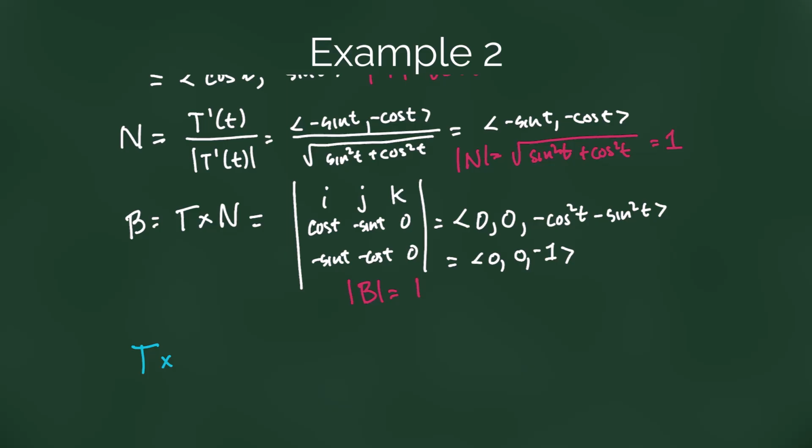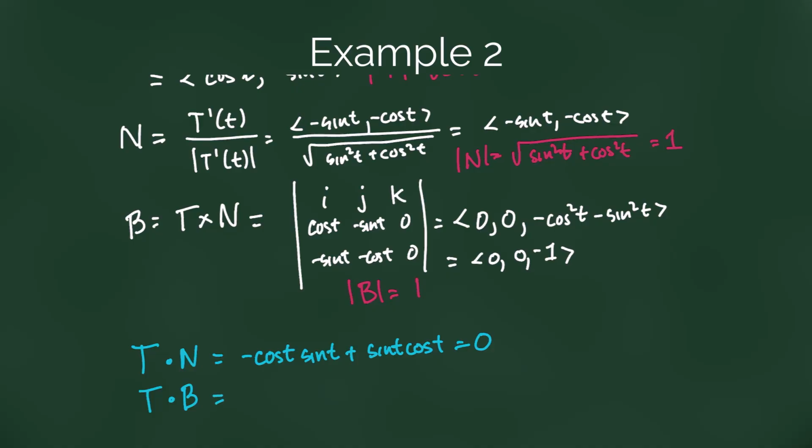Now we're going to do our mutual orthogonality. So first I'm going to do T, not T cross, but T dot N. I'm doing dot products. The dot product of T and N is going to be the sum of negative cosine of t sine t plus sine t cosine t, because those two negatives cancel, which is in fact 0.